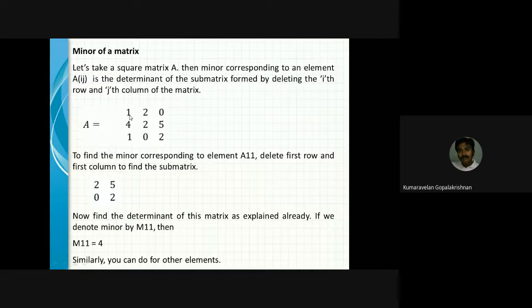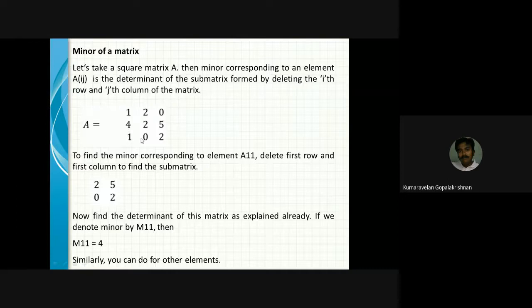Now I am going to find the minor of i comma j, that is 1 comma 1. What is the 1 comma 1 element in this matrix A? It is 1. I want to find the minor of the element 1. It is very simple. Leave that corresponding row and column.